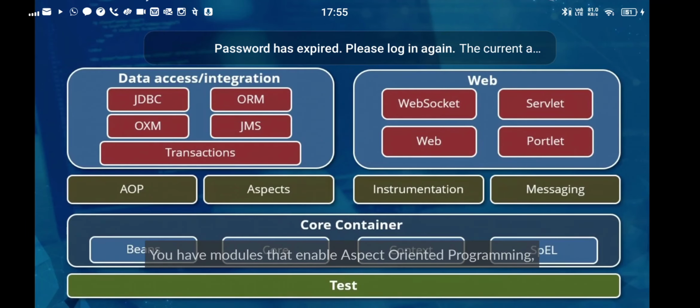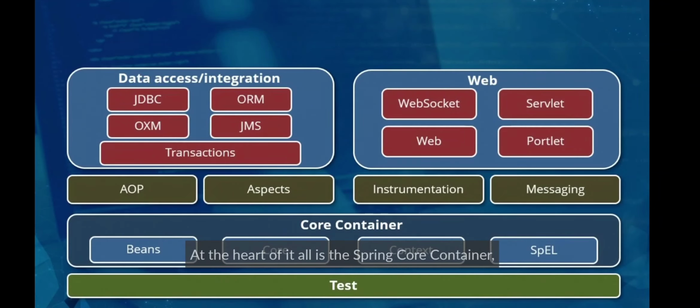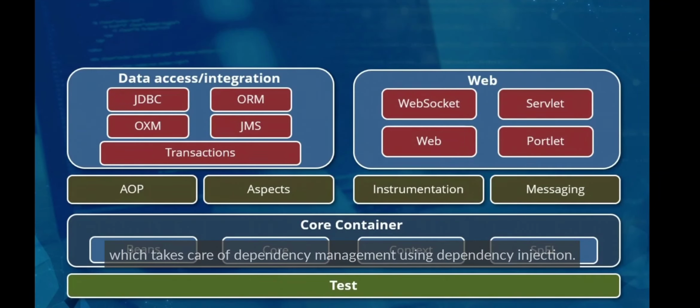You have modules that enable aspect-oriented programming, where you can write code to extend the functionality of existing components. You have modules for instrumentation and messaging as well. At the heart of it all is the Spring Core container, which takes care of dependency management using dependency injection.